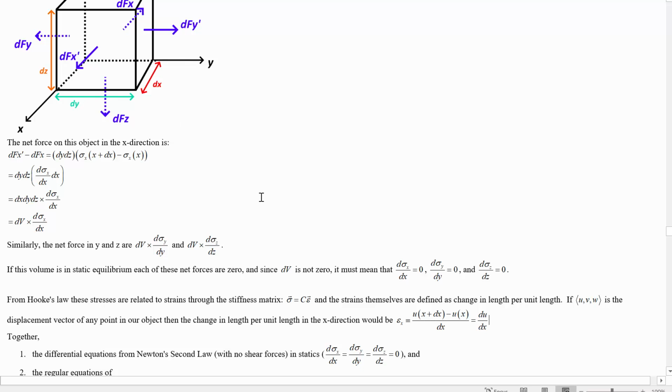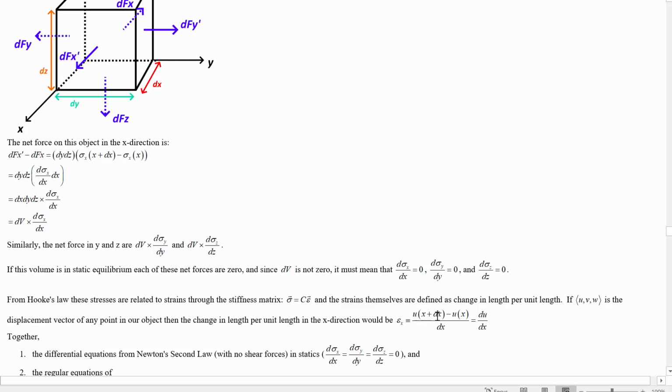Well, hold on a sec. That's not the new length. The new length would be the position of the front face after it moves minus the position of the back face. But if we just talk about not the position of the front face, but the displacement of the front face, not its displacement from the origin, but the amount that it moved after this thing has deformed somewhat, then if the front face moves up by 2 centimeters and the back face moves up by 1 centimeter, the whole thing must have gotten 1 centimeter longer.